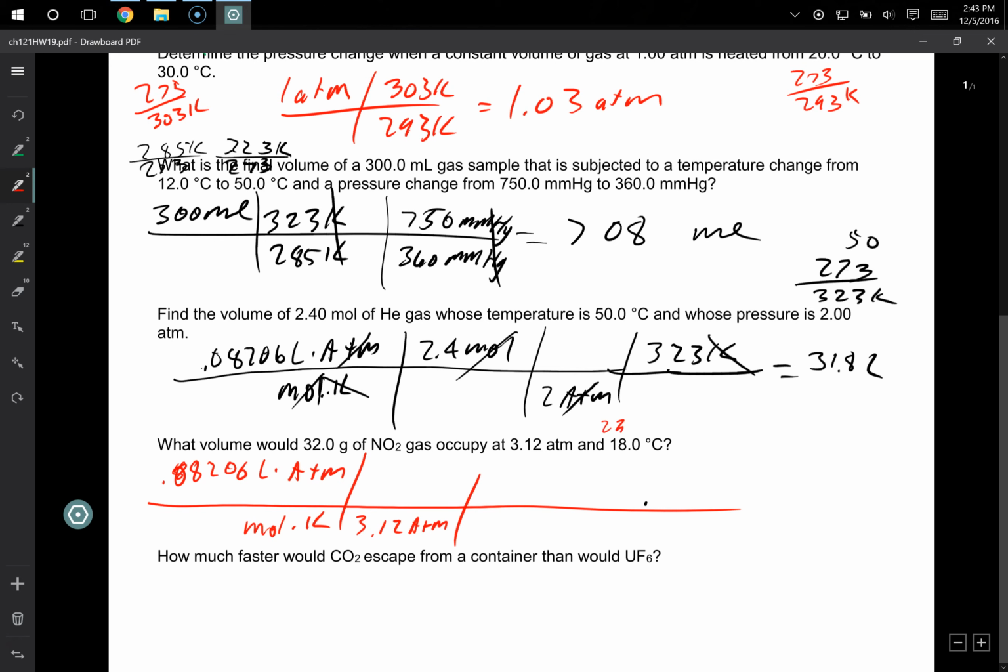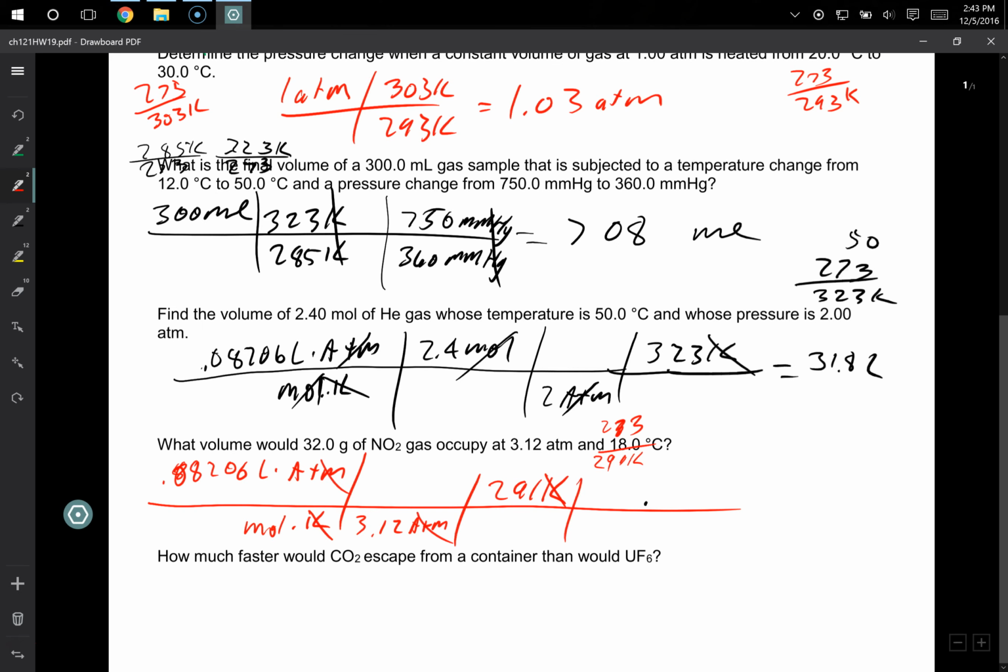The temperature is 18 plus 273, which is 291 K. So I'll put 291 K in the numerator so I can cancel out that K. The atm already canceled out. I need to cancel out the moles.